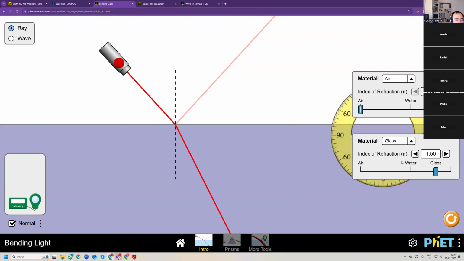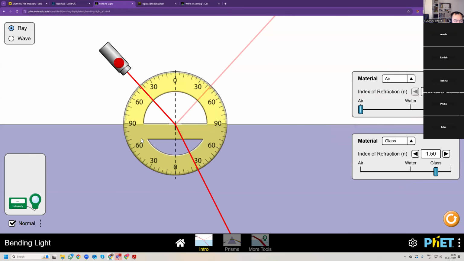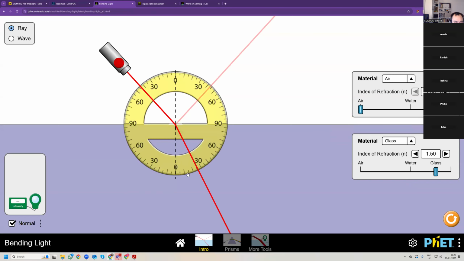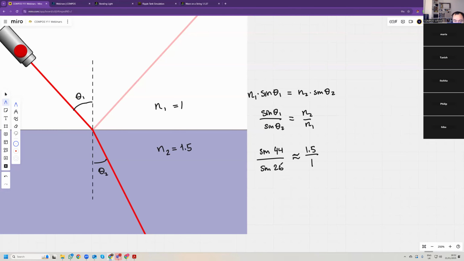Now, let's measure the angle. The angle of incidence is 44, so sine 44 divided by sine of, approximately, of course, 26 should be 1.5. If you do the calculation, sine 44 divided by sine 26 is 1.58.